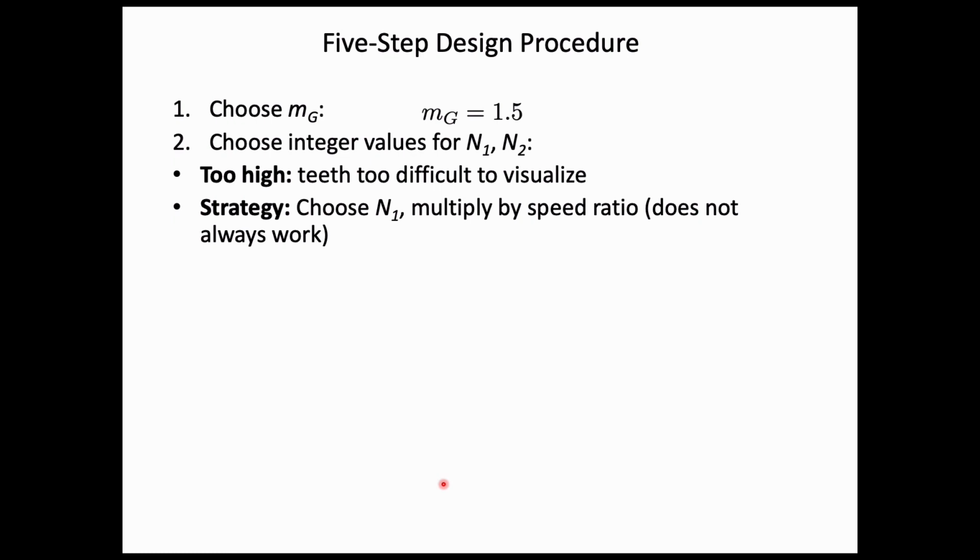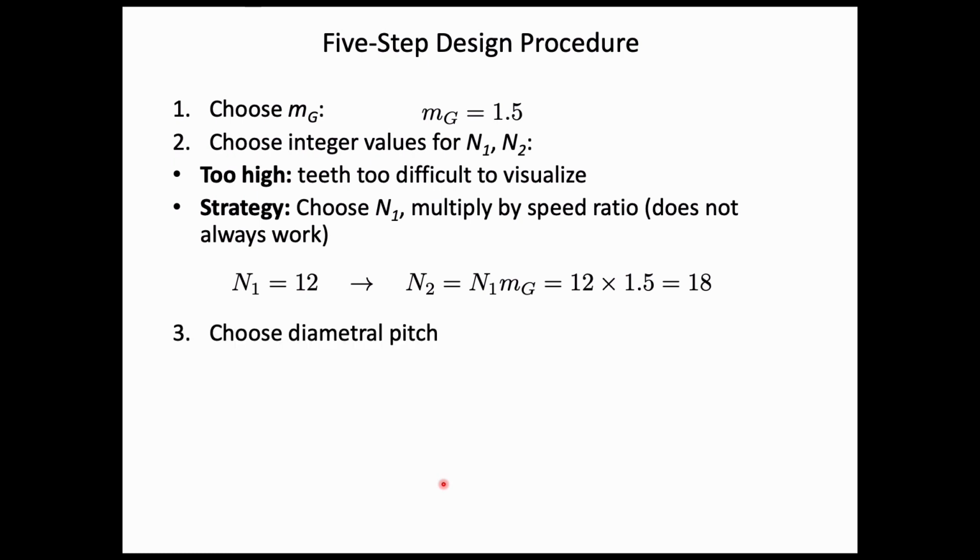I have to be careful here, though, because multiplying something by 1.5 will not necessarily always give me an integer for n2. So I have to be careful in what I choose for n1. Here I chose n1 equals 12 teeth, and then that gives us 18 teeth for n2.